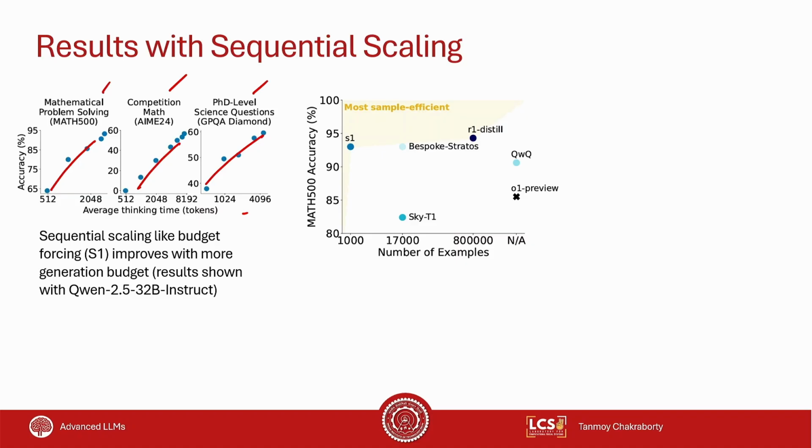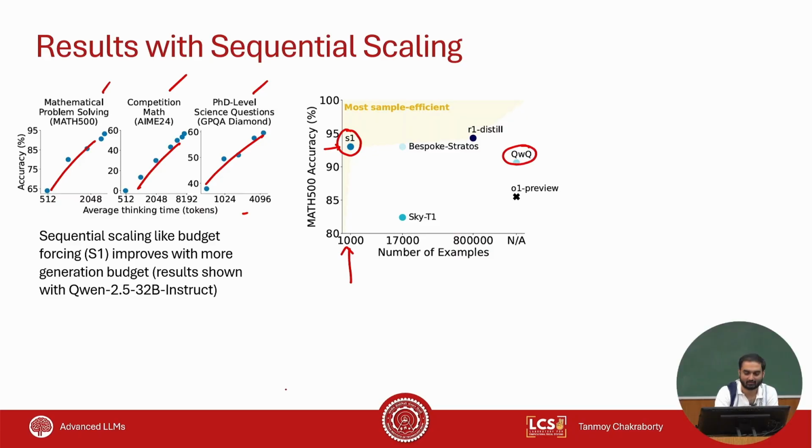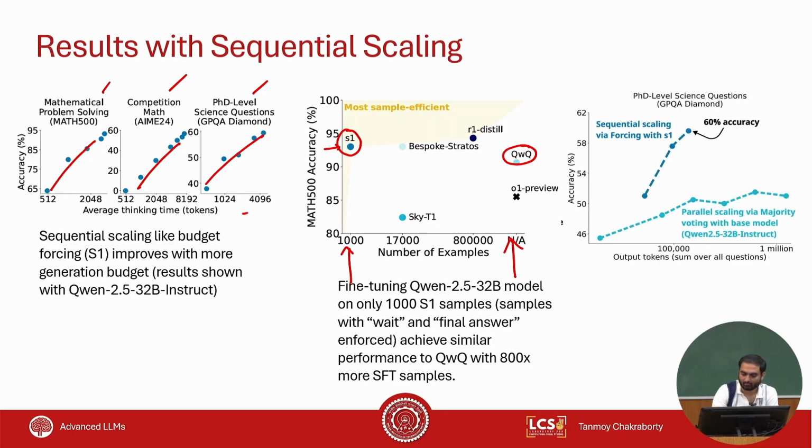As I mentioned earlier, they showed that with S1, with only 1000 instances for fine-tuning, the model reaches an accuracy of 90-93%, which is equivalent to, let's say, a QwQ method, which required a lot of data for fine-tuning.